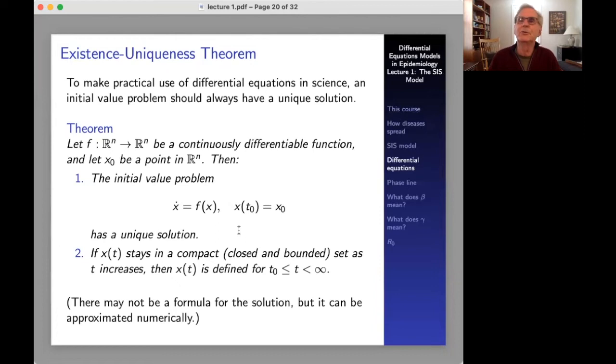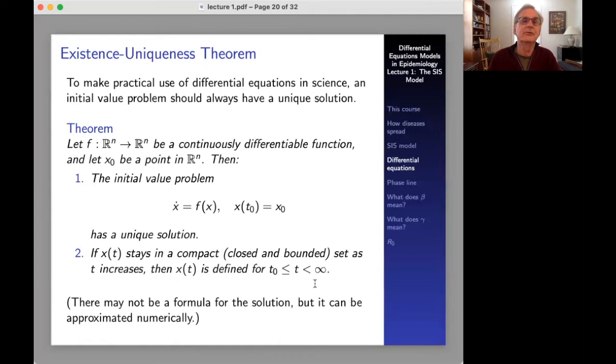And I'll throw one more thing into this theorem that's often useful. If that solution stays in a compact set, that means a closed and bounded set, as time increases, then x of t is defined for all future time. The solution never stops being defined.